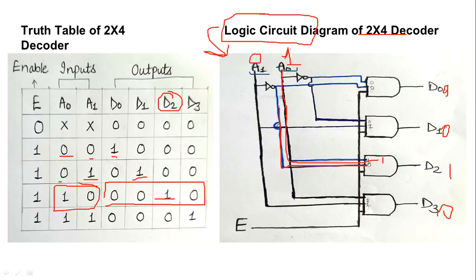A1 is coming from here. So this is 0, this 0 is going to get complemented and now becoming 1. So ultimately I'm getting 1, 1. If you remember, in case of an AND gate, whenever we are getting 1, 1, the answer is always equal to 1. So let's cross verify whether all the other decoders are 0 or not in the case when I am getting this 0 and 1 as an input.